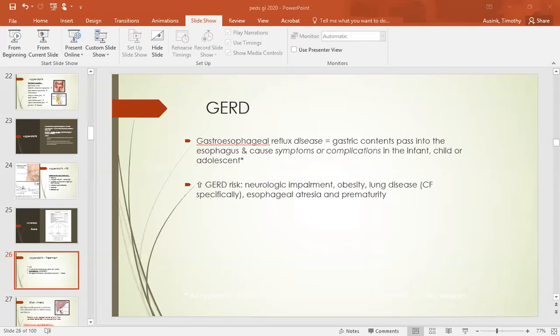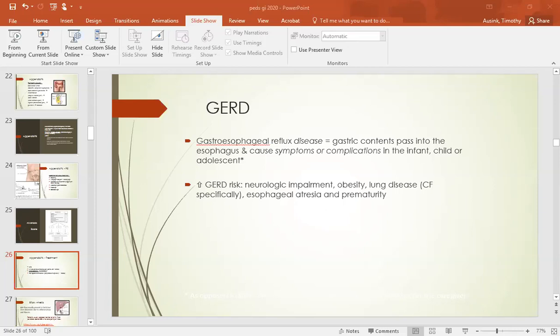So here's just the definition of GERD, right? There is increased risk with GERD if the child has a neurologic impairment, because they may not have the same function of their sphincters, and they could have an increased chance of aspirating. That's not good.